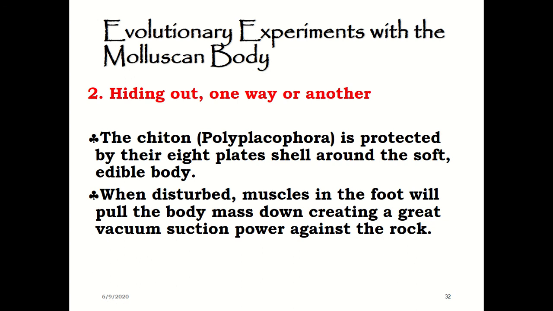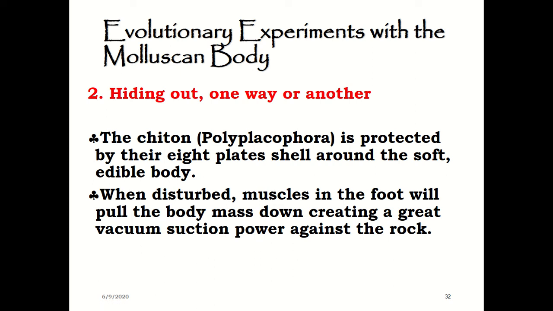The second modification in the mollusk body plan is the way they hide, one way or another. In the class Polyplacophora, the chiton is protected by the eight plate shells around the soft edible body.